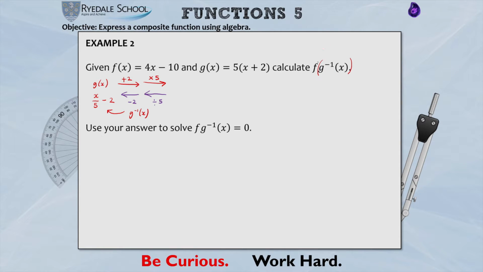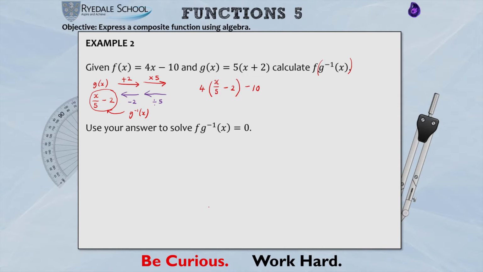Now the question's asking us to do f of that value. So I'm going to have to substitute my expression for g to the minus 1 of x for x here. So it ends up being 4 bracket x over 5 take away 2, minus 10.